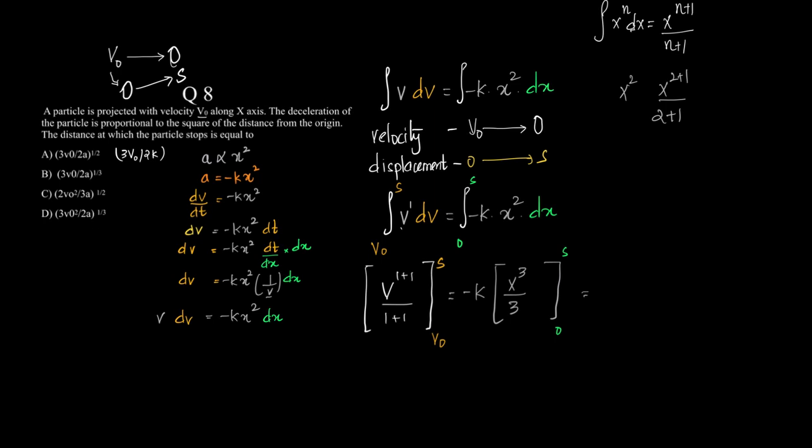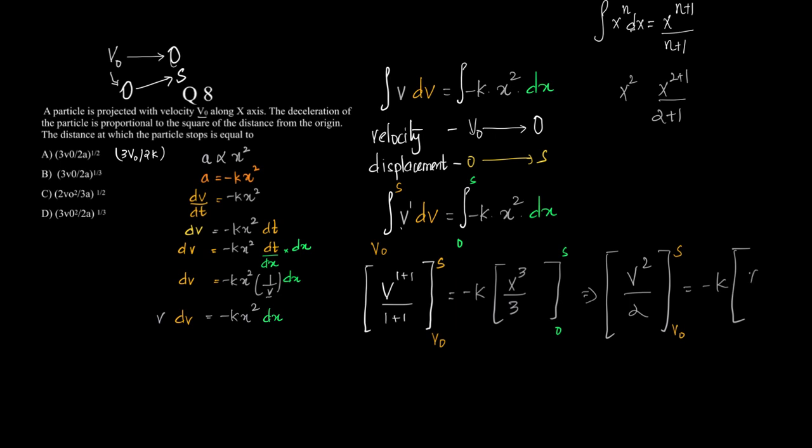If you write one more step here, this becomes v square by 2, limit varying from v0 to s, is equal to minus k into, limit varying from, okay, that doesn't make much difference here.